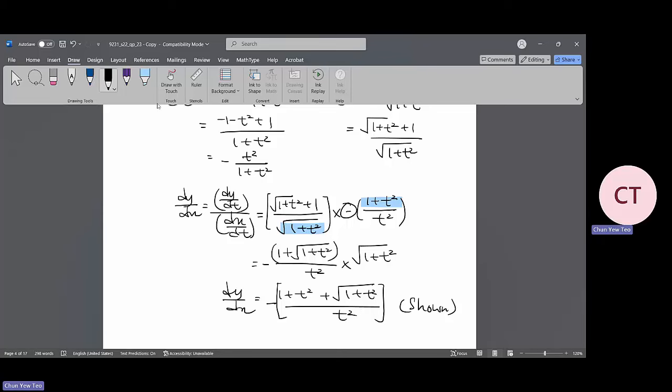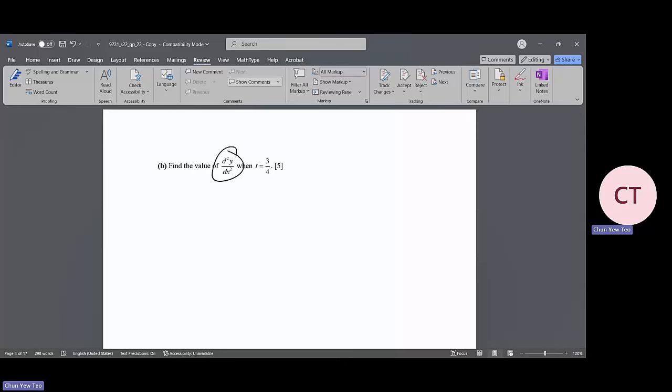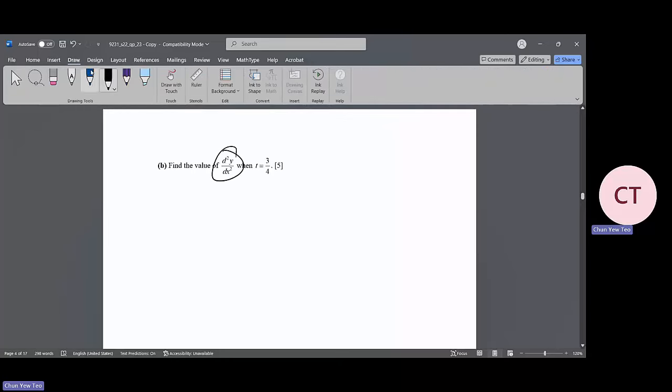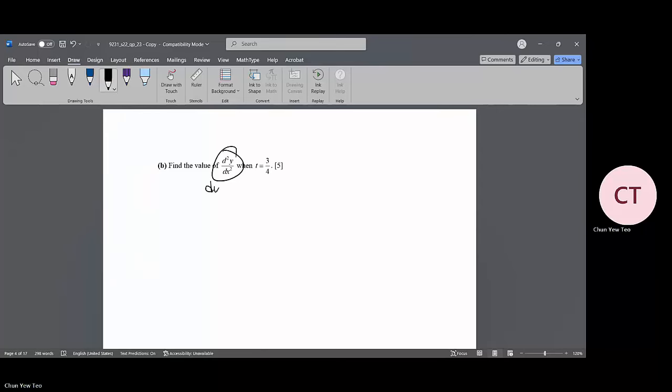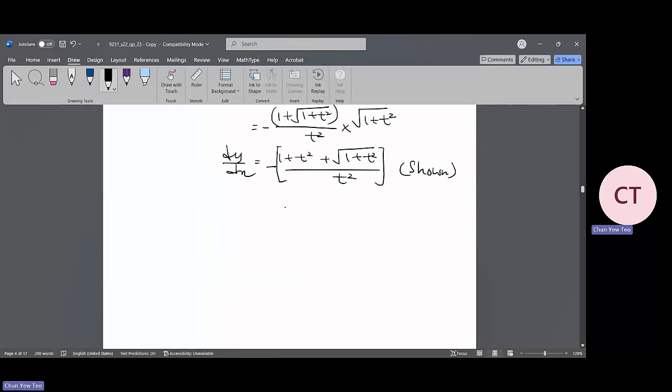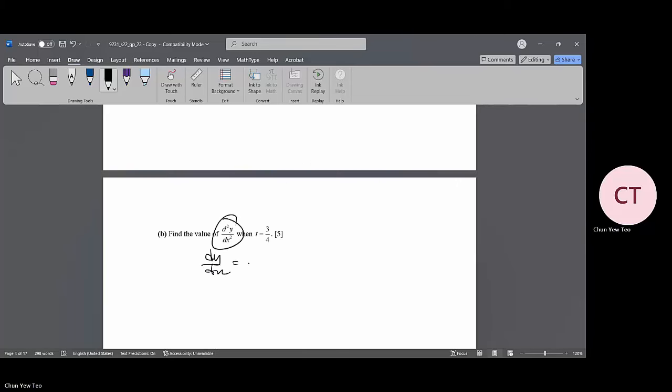Okay, so now we move on to part B. In part B, we want to find the value of d squared y dx squared. To differentiate this, we need to differentiate from dy dx. I copy down the result of dy dx over here. To differentiate this again with respect to x, now I split them into 1 over t squared plus the square root of 1 plus t squared over t squared.